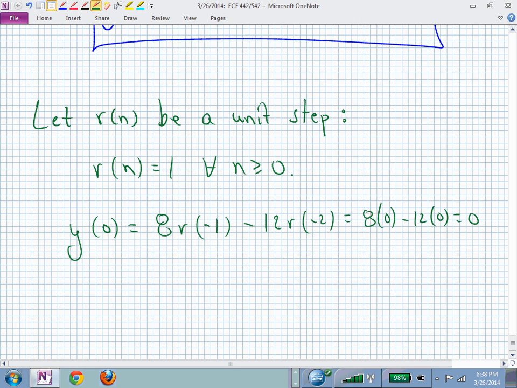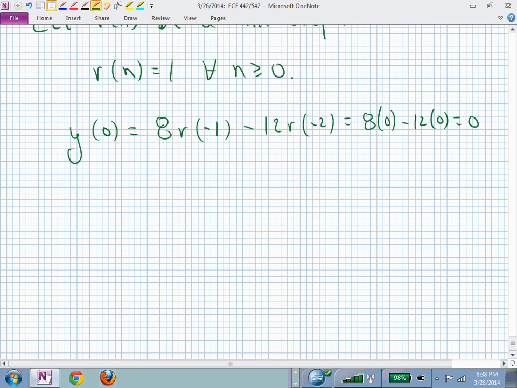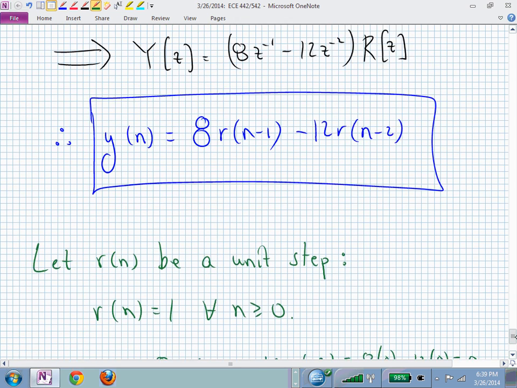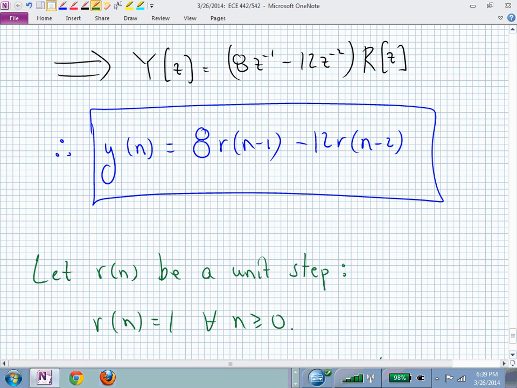The first time you should maybe see something is the next time, at y at time n equal 1. And now we can find that one, because the deadbeat response basically says your output y is just a linear combination of previous inputs. You don't have to worry about the memory in our system, so to speak.